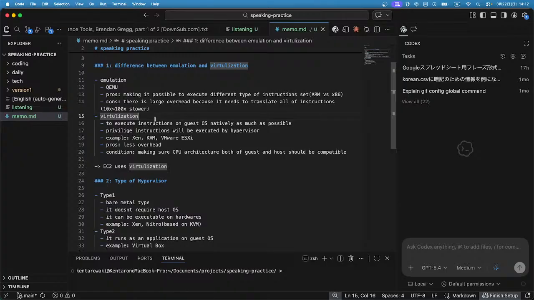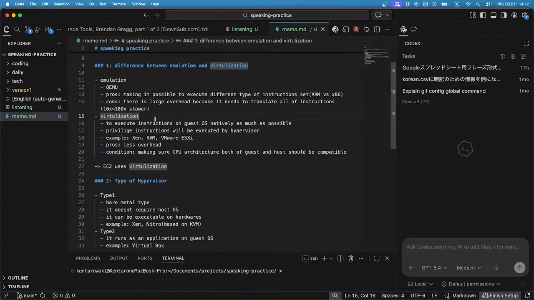So there is large overhead because it needs to translate all of the instructions. Compared with executing natively, it is 10 to 100 times slower.